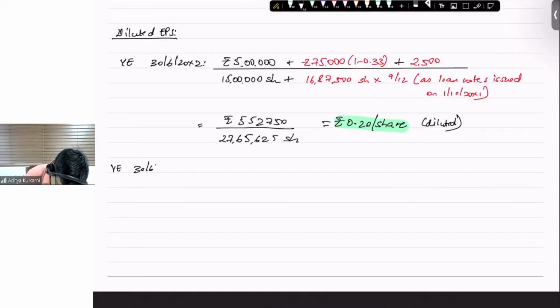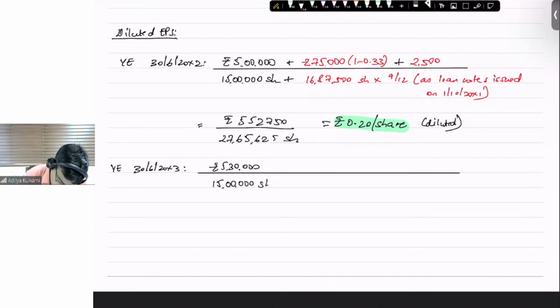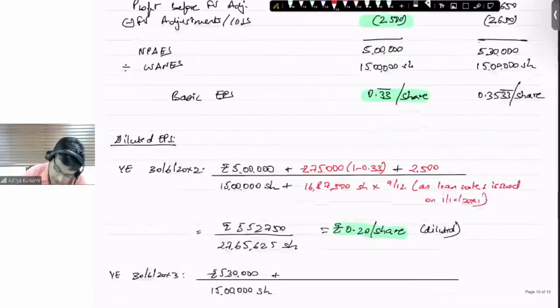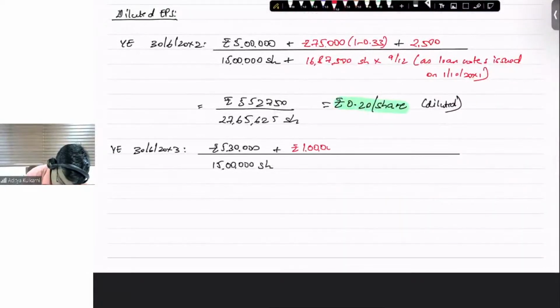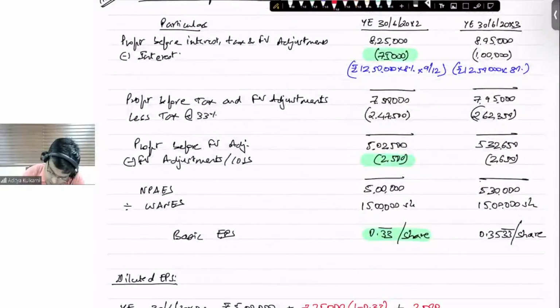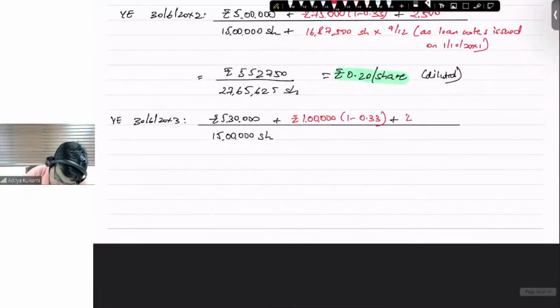Year ending 30th June 20x3. 5,30,000 divided by how many shares? 15 lakh shares. This is the starting point for diluted, plus 1 lakh is your finance cost, times one minus 0.33, plus 2650 fair value adjustments.